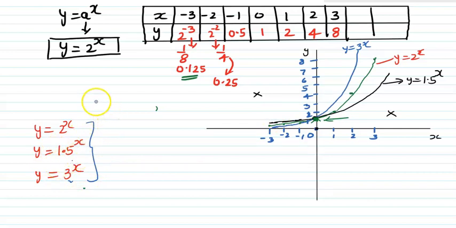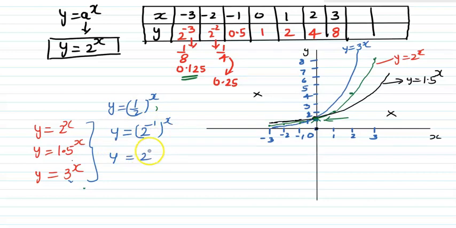What happens if the graph is y equal to 1 by 2 to the power x? So 1 by 2 you can say is 2 to the power minus 1, and outside is x. So it should be y equal to 2 to the power minus x, right?